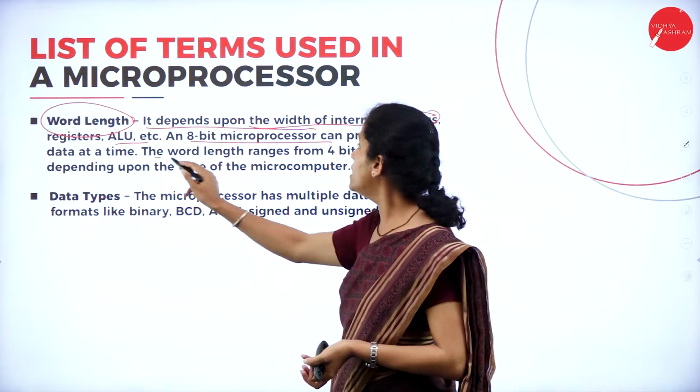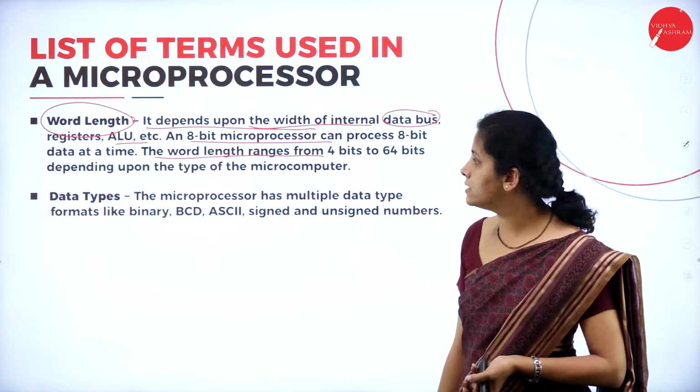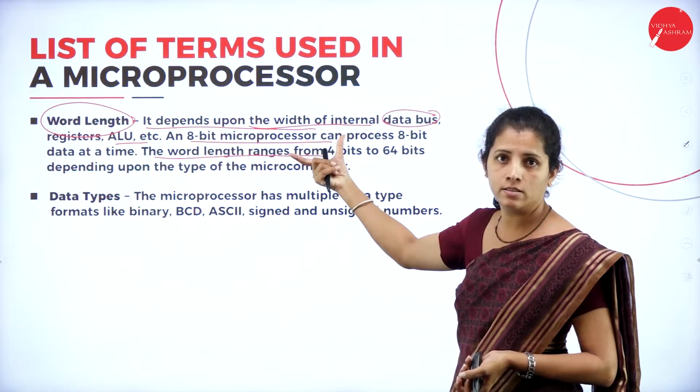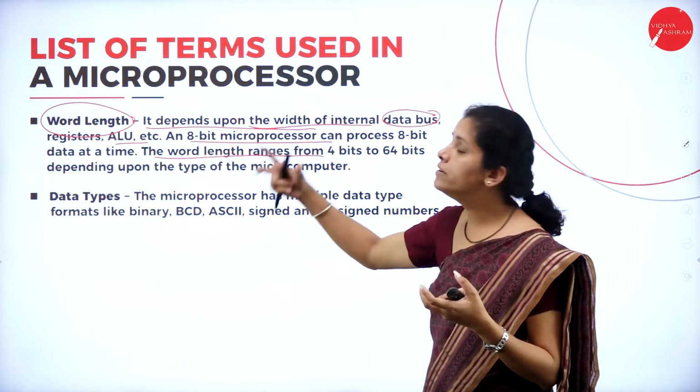And the word length ranges from 4-bit to 64-bit. Now, based on the size of the microprocessor, I'm going to have the word length.